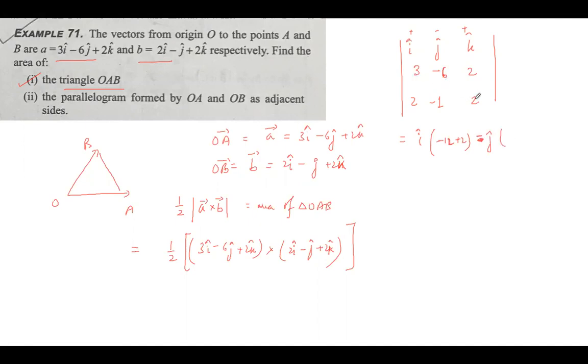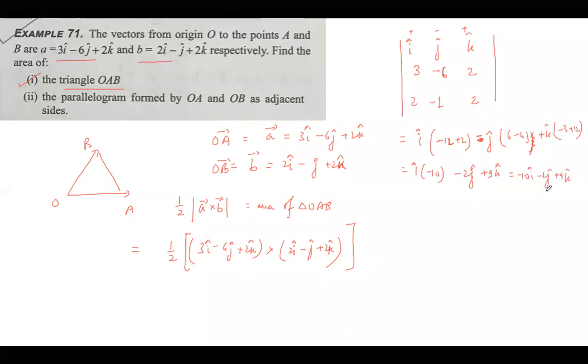And then we have 3 into 2, 6, minus 4. Plus of k cap. 3 into minus 1, minus 3, and plus 12. So this is i cap times minus 10, minus 2j, and 12 minus 3 is plus 9k. So this will be equal to minus 10i minus 2j plus 9k. So this is the cross product.